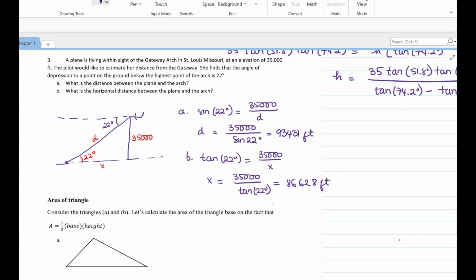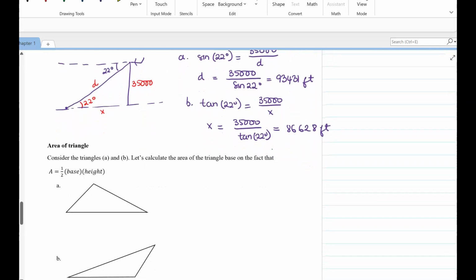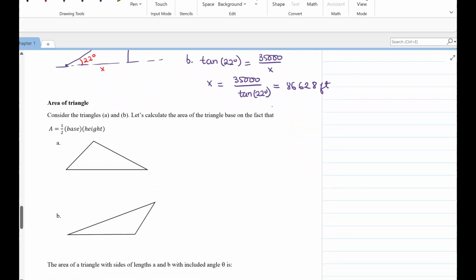Now, another fun thing is to calculate the area of a triangle using the trigonometric ratio to come up with a new formula to calculate the area of a triangle. Consider the triangle ABC. Let's calculate the area of the triangle based on the fact that the area equals 1/2 base times height.